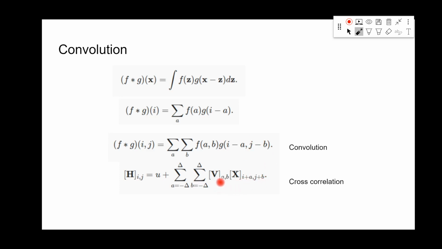We can ignore the ij and just look at the a and the b. So it seems that this is not a convolution. Actually, mathematically, this operation is called cross correlation. So we look at the correlation of those two functions, v and x.